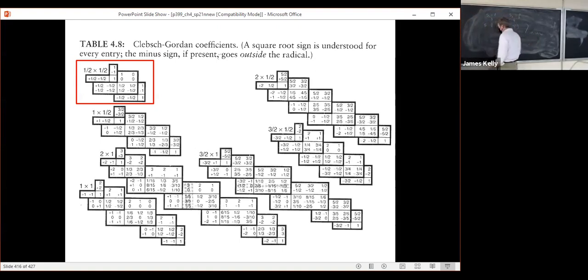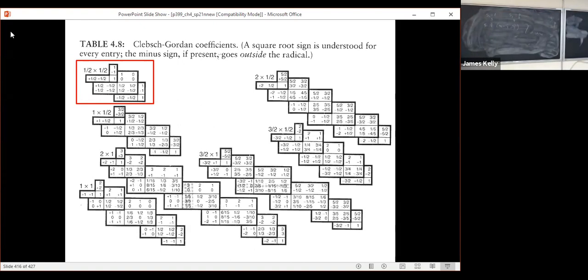That table, and for those in the classroom, I printed out Clebsch-Gordan tables because I wasn't sure if you have your book. This is the same one that's in the book. And it's still a little blurry, but at least it's more legible than the one on the slide. If you're at home, you'll have to Google it or look in your textbook to find a clearer version of the Clebsch-Gordan coefficients.